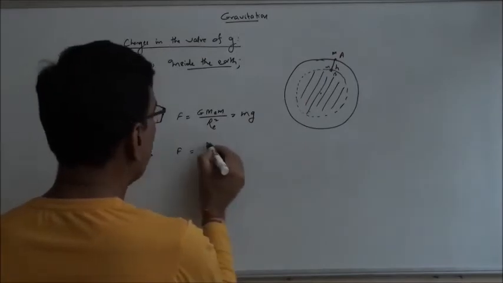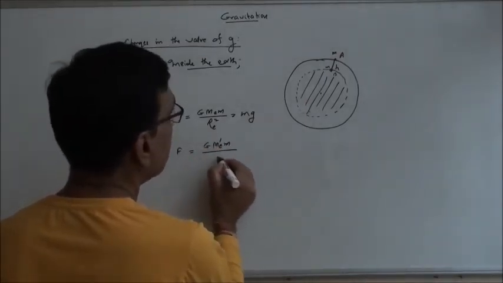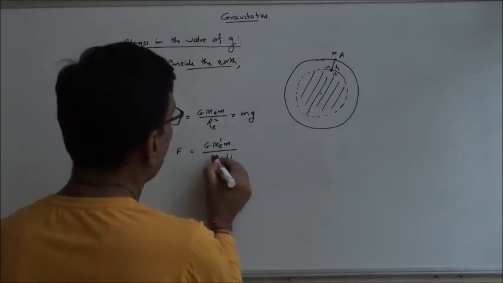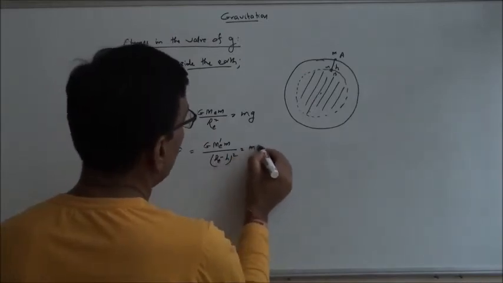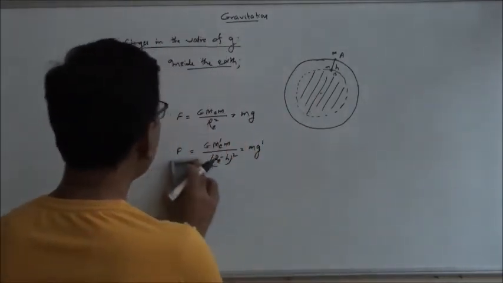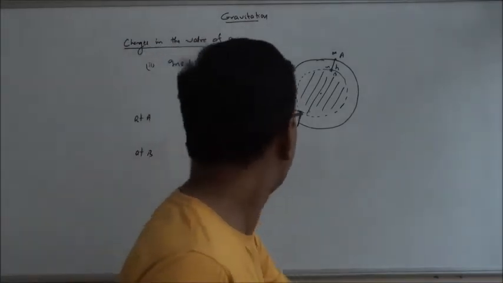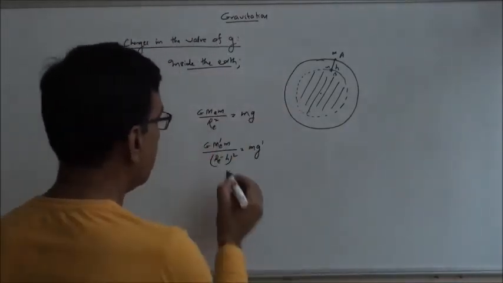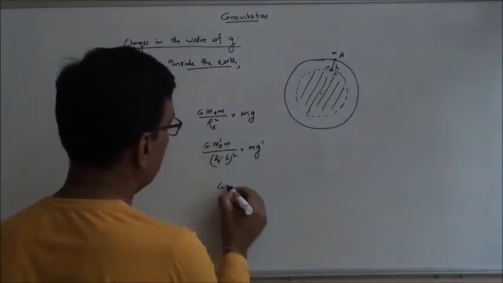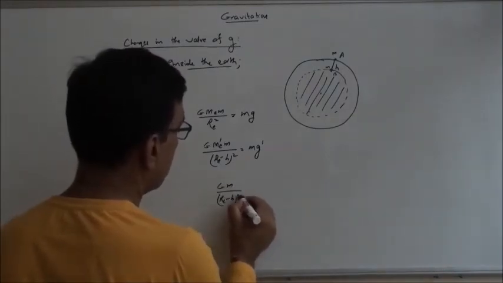At B it is different because now the force is G Me dash m upon (Re minus h) square, and let the value of g here be g dash. Okay. Now what is Me dash? G M upon (Re minus h) square.